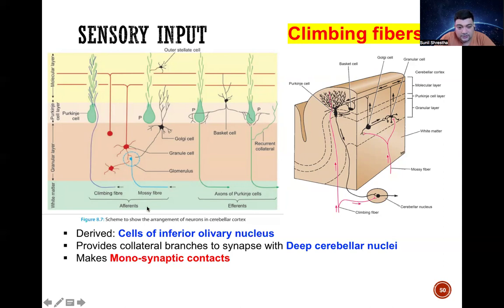They come from the olivary nucleus and provide collateral branches to synapse with the cerebellar nuclei, the deep cerebellar nuclei. They make a monosynaptic contact, which means only a single contact. If they connect with another type of cell, they make only a single contact. So one climbing fiber connects with only one cell.